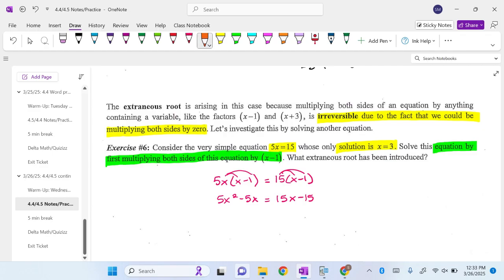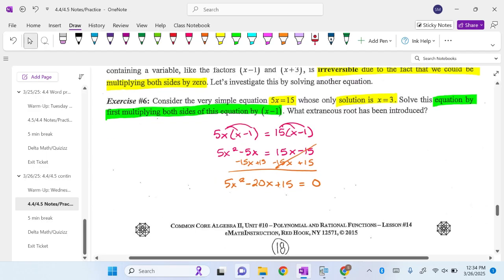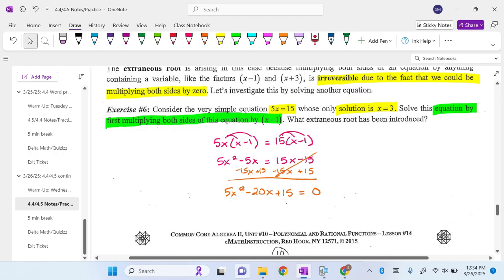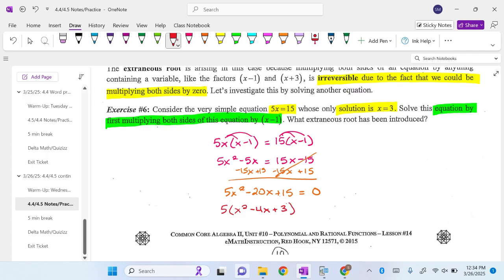So then I'll subtract some stuff over. I'll subtract the 15x and add the 15 to both sides. That goes away. I get 5x squared minus 20x plus 15 is equal to 0. And then I'm just going to do a very quick factor. There's a GCF of 5. I take that out, I get x squared minus 4x plus 3.